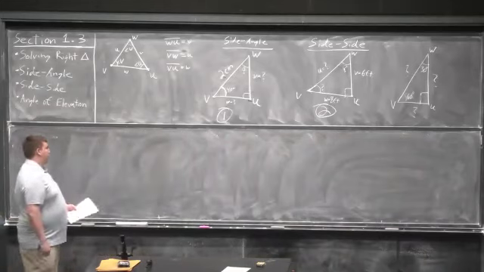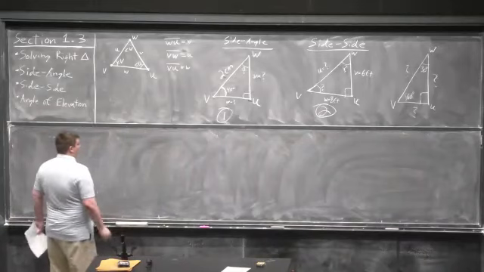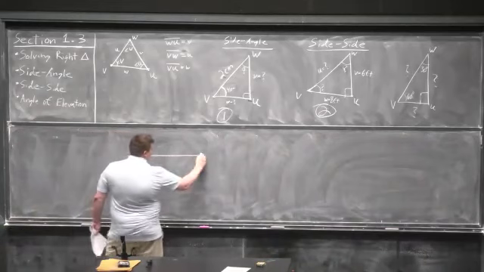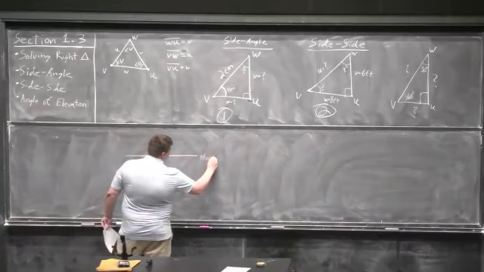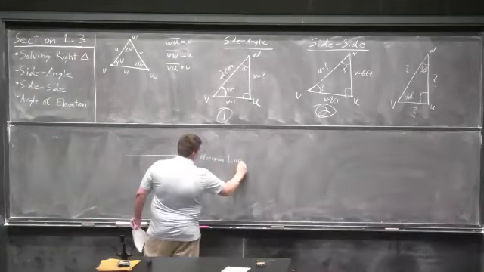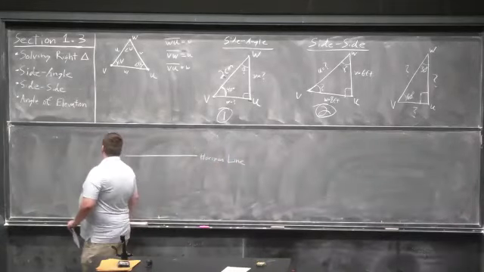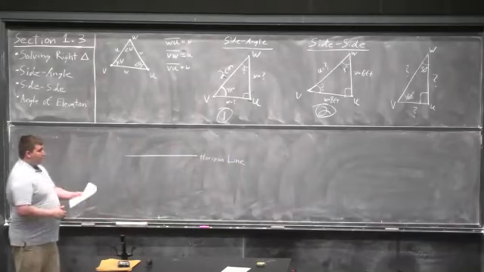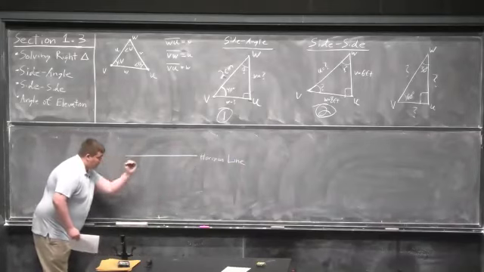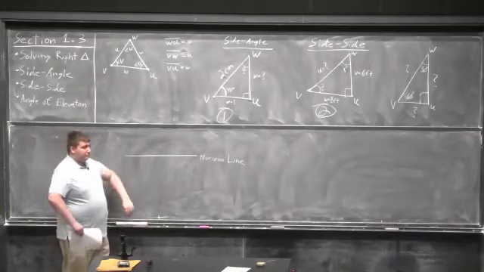The first is we want to get a reference. So this is what we're going to call the horizon line. Now, if I was to look straight out, that's where the horizon line is. It's the line of which you're looking at.